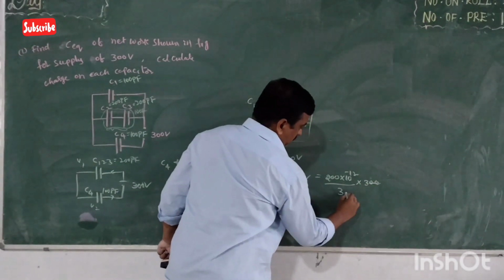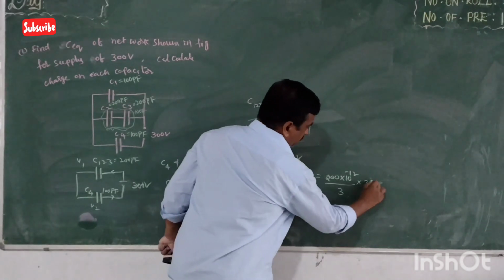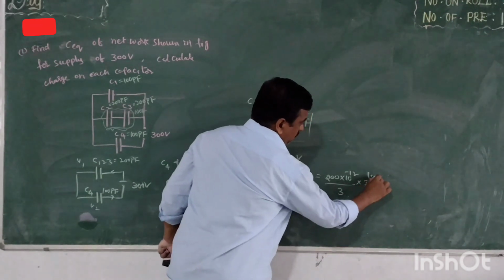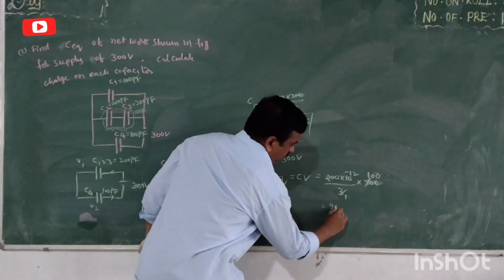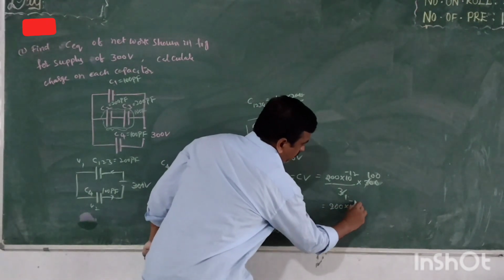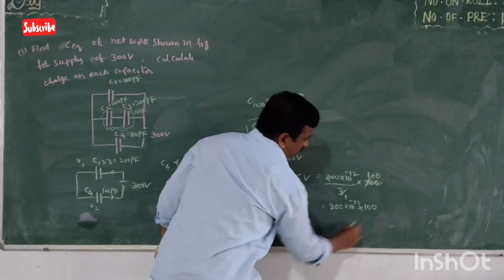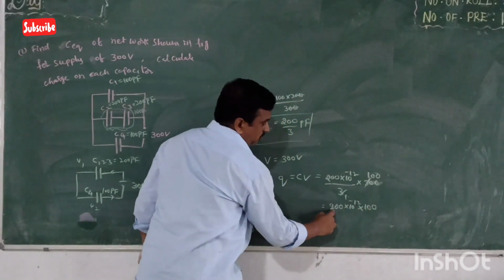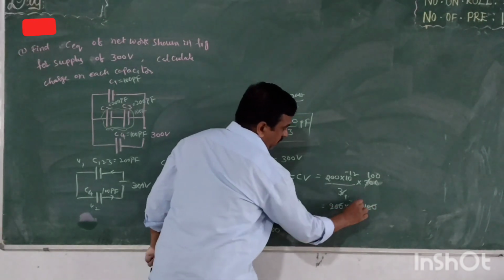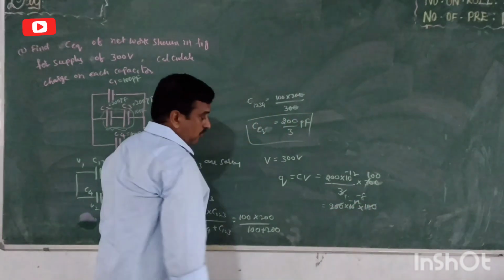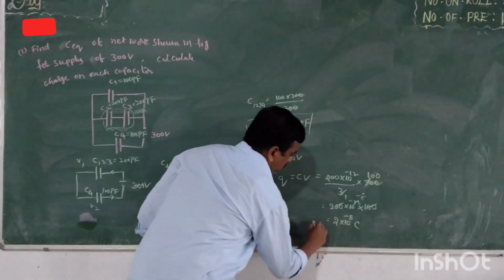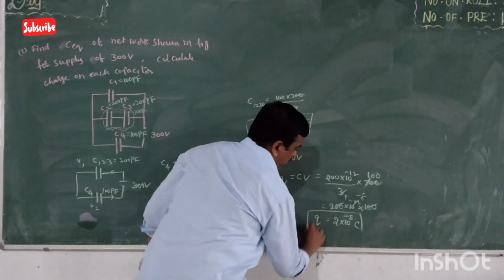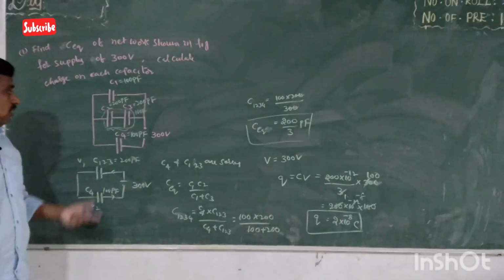The 3 cancels with 300 to give 100. Then 200 into 10 power minus 12 into 100; these 4 zeros we can reduce. So 2 into 10 power minus 8 coulombs. That is the charge present in the circuit.